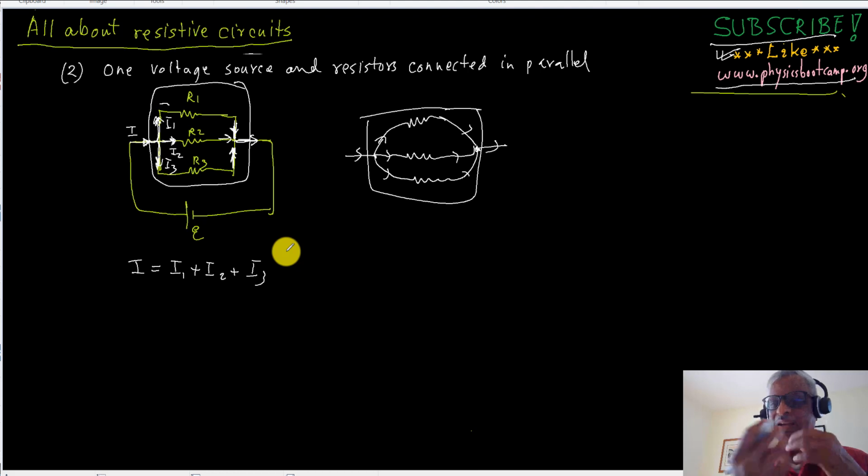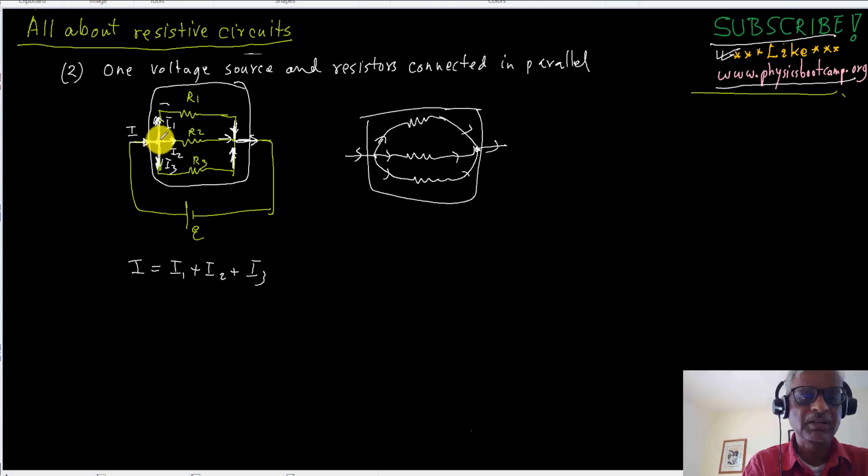Suppose you have a capacitor, then charge will come and dump onto one of the plates, right? But here there's no place where charge is building up. At this junction, there's no charge building up. So a current coming in has to get out somehow, and the same ones can combine together.